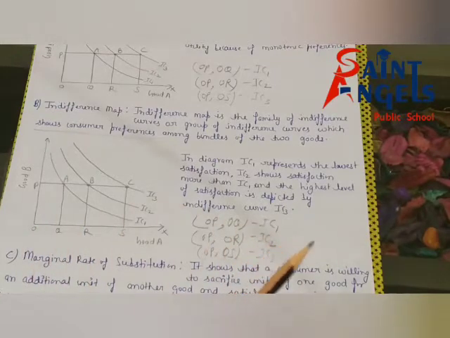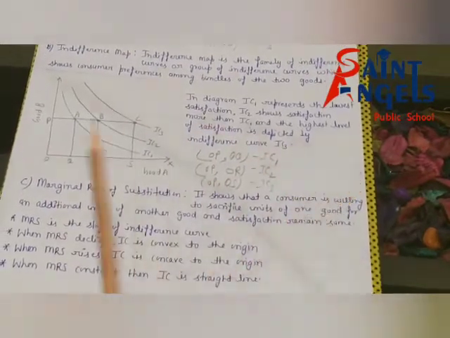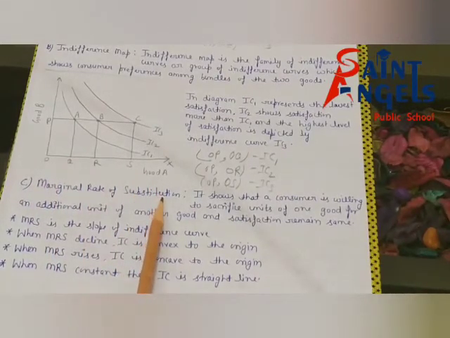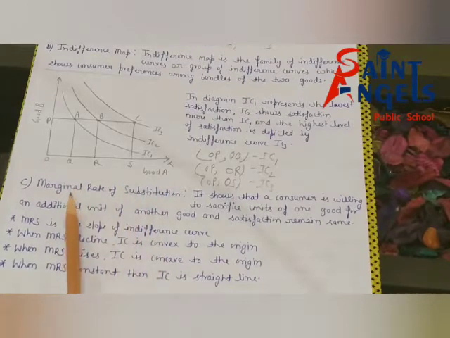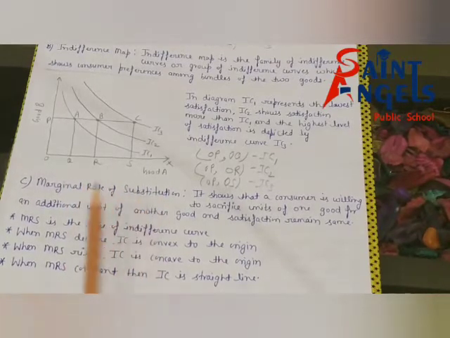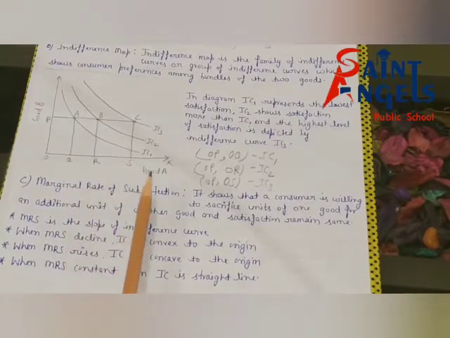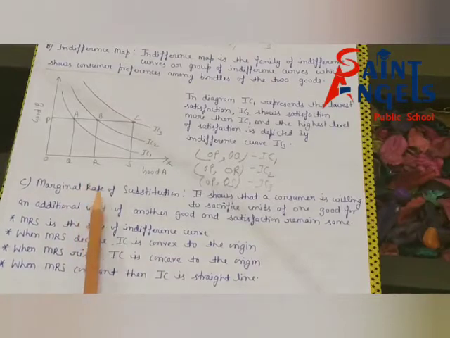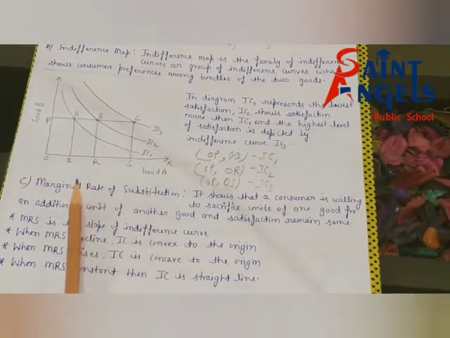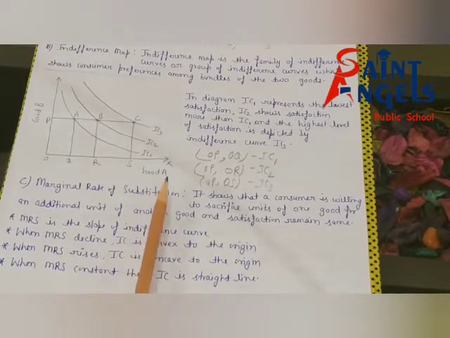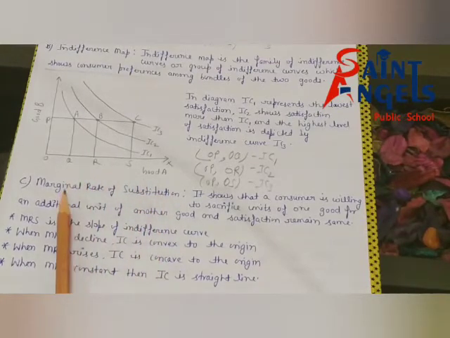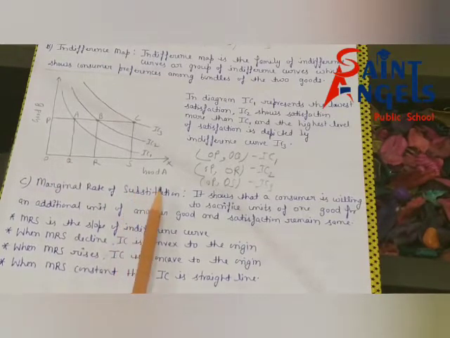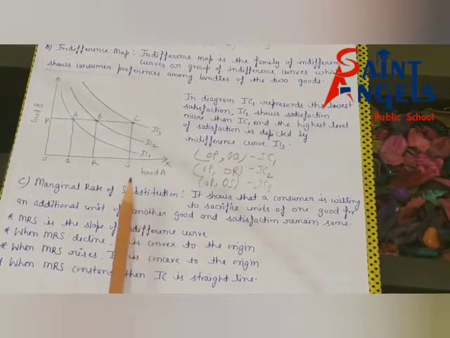See, the next topic is marginal rate of substitution. What you know is that marginal rate of substitution, in short MRS, measures the slope of the indifference curve.